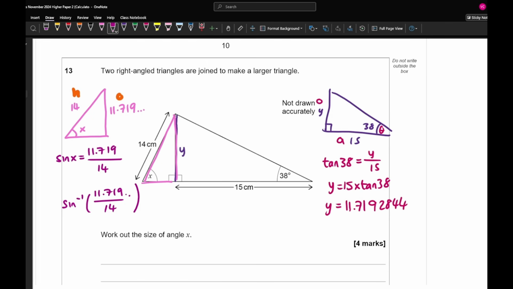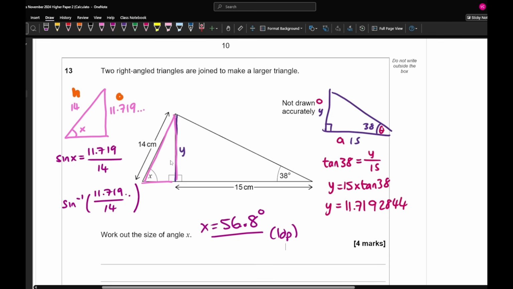That gives me an answer of x equals 56.8, and that's to 1 decimal place. If you have rounded it, always make sure that you've stated what you've rounded it to, whether it be 1 decimal place, 2 decimal places, significant figures, or nearest whole number. It doesn't mention anything of that in the question, so you can choose, or you can just simply write the answer that's on your calculator.